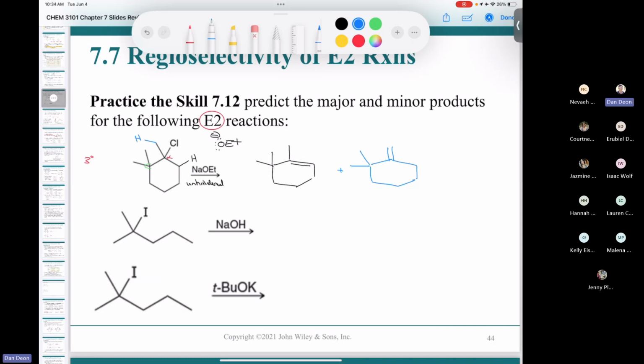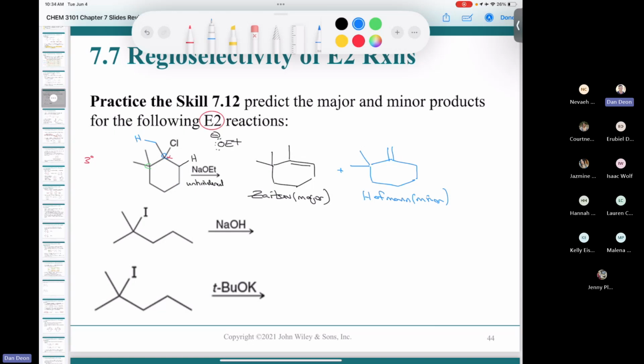It's the black one, exactly. So the black one is the Zaitsev, and so that is going to be our major product. And the Hofmann is going to be our minor product. Now, how do I know that? Because the base is unhindered, so it can pull off either proton, but it's going to pull off the black proton, because the other is a secondary carbon, it's more hindered.